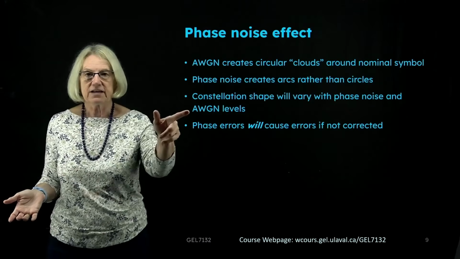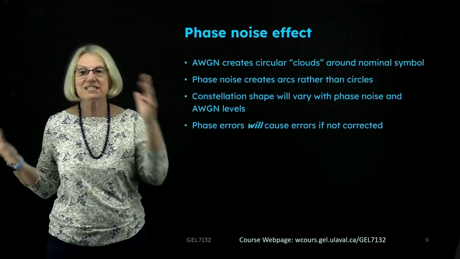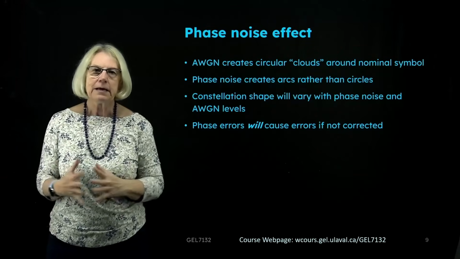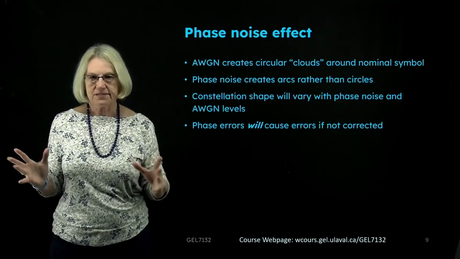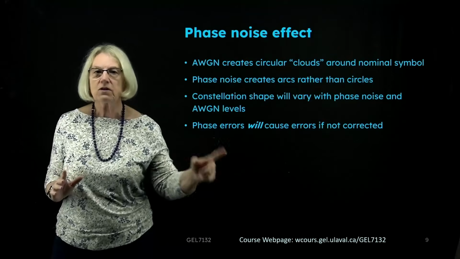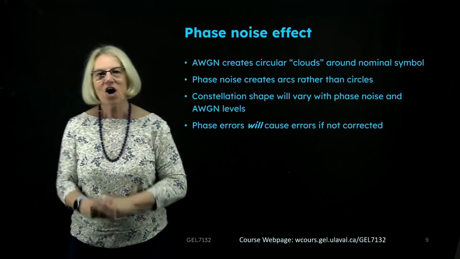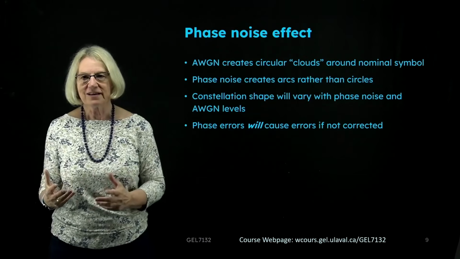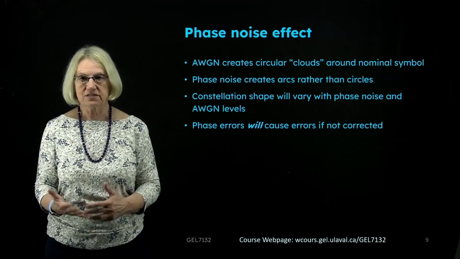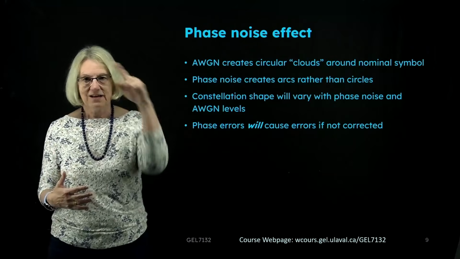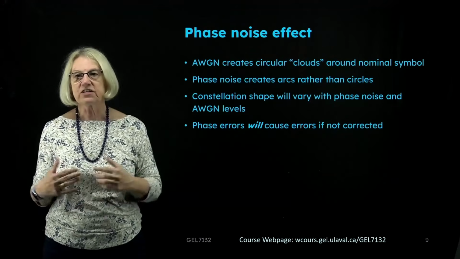If the additive white Gaussian noise is really huge, maybe I won't even see the arc because it'll be inside of the circular cloud. But in any case, phase variations will cause errors if they're not corrected. Because the nature of the phase noise is, if we let it run long enough, it will eventually span those arcs and eventually lead to blurring.